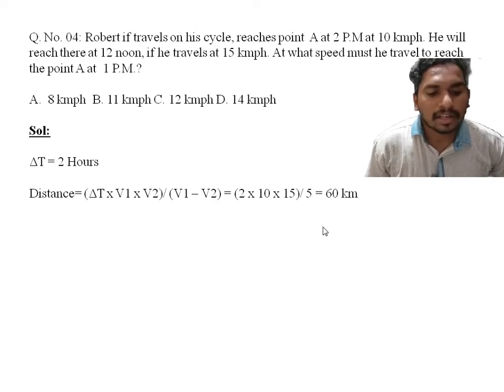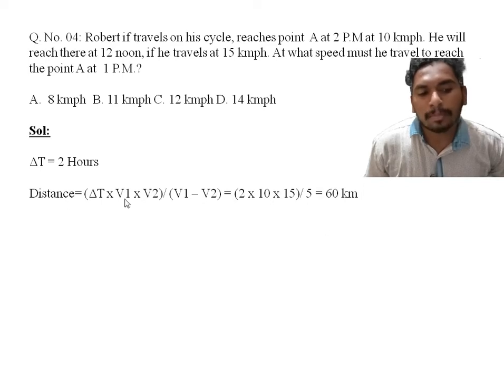In order to find the time to reach point A at exactly 1 p.m., you can consider any of the given velocities. If you consider 10 kilometers per hour, he is reaching at 12 noon, so the time is 6 hours.